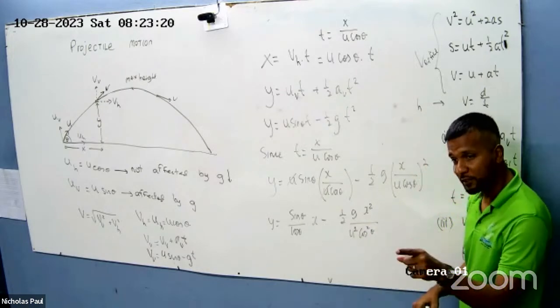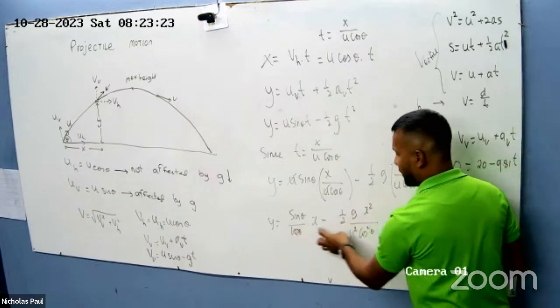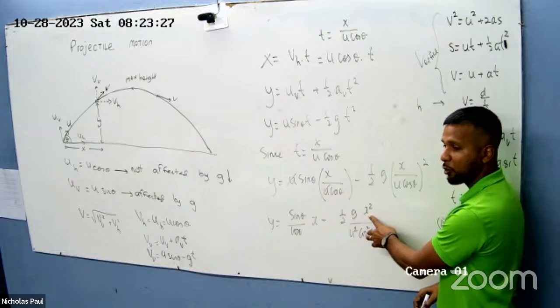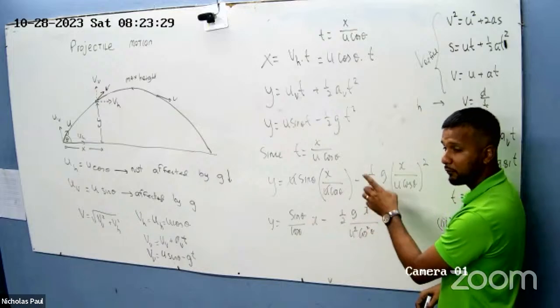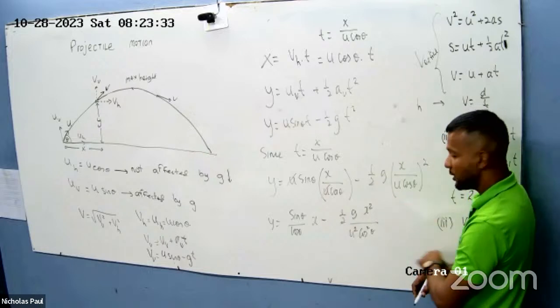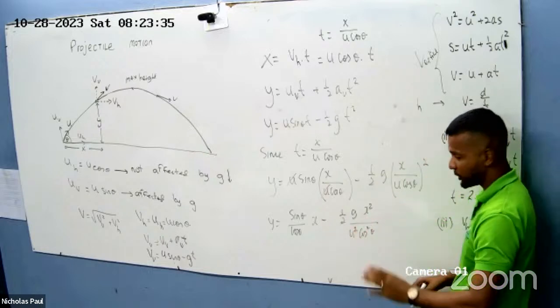All you have to show is that y is in the form of x squared. That's all. Because a quadratic is what? A quadratic is ax squared plus bx plus c. So once you get this x squared, you'll finish.